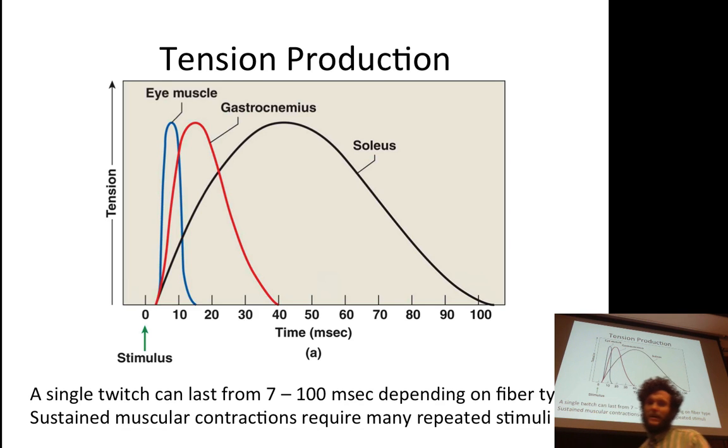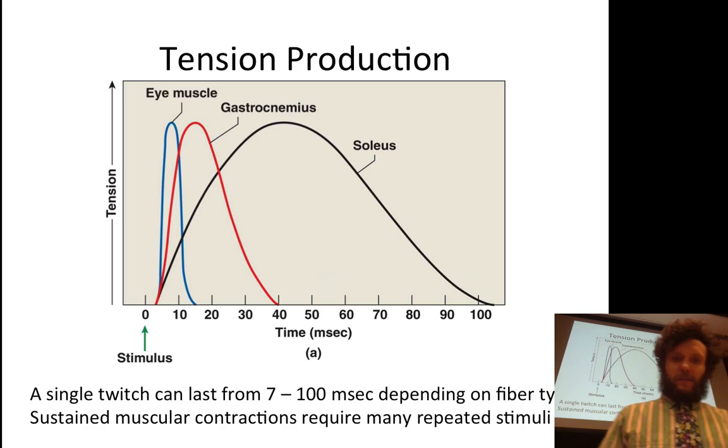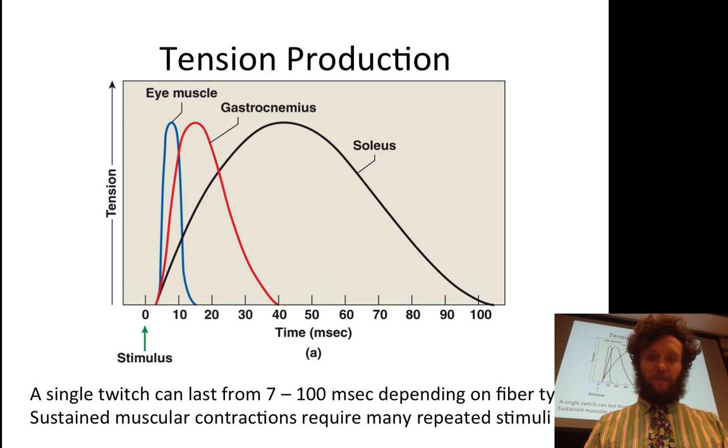So, for example, an eye muscle is a very fast muscle fiber, whereas the gastrocnemius is intermediate, and the soleus, that deep, big muscle of the calf that's responsible for helping you run from a week's worth of werewolves, is a very slow muscle fiber.